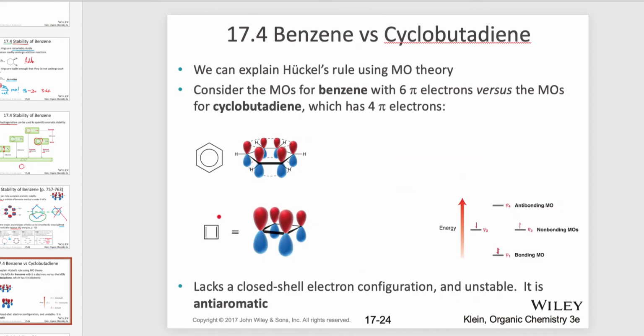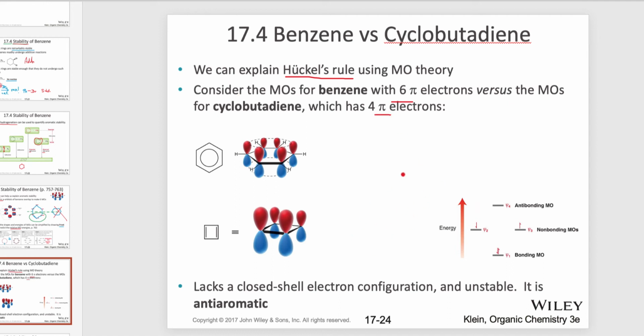Next slide shows us that there are certain rules that will help us understand why benzene has a unique stability, but cyclobutadiene does not. Okay. There is something known as Huckel's rule using the MO theory. For benzene, we have 6 electrons, so that's here. And for cyclobutadiene, we have 4 pi electrons.